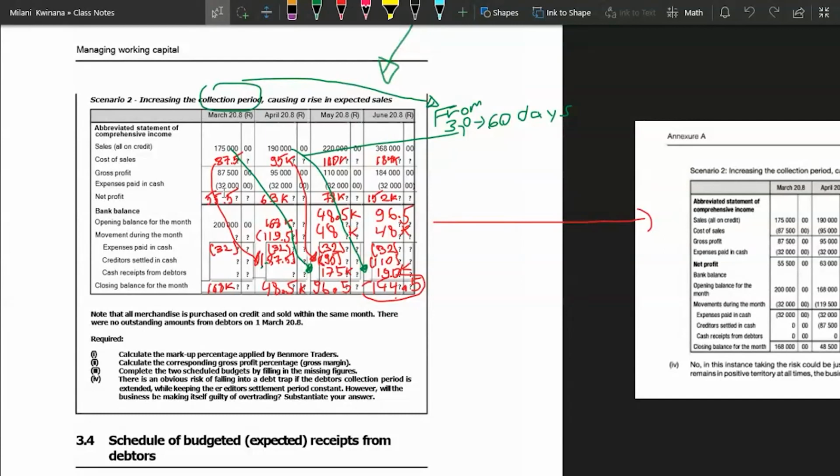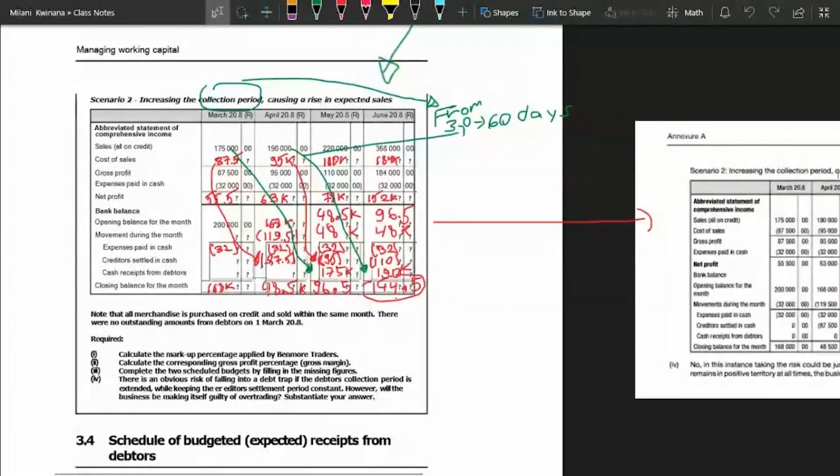It is a positive. So expenses paid in cash will be negative, and that's why we put them in parentheses. Creditors that are settled will also be in parentheses because it's a negative. But if we receive cash, it's going to be a positive.